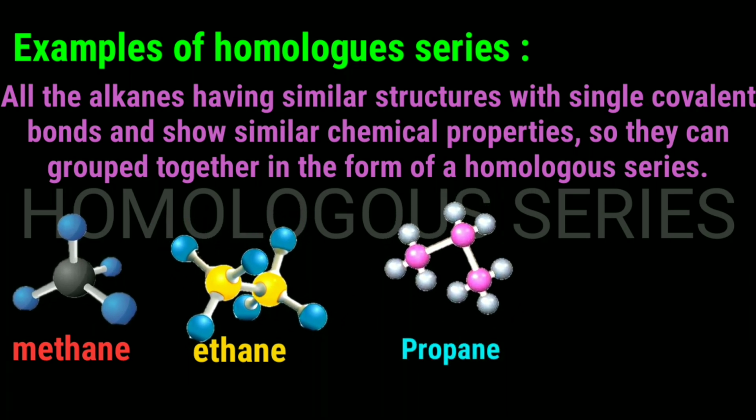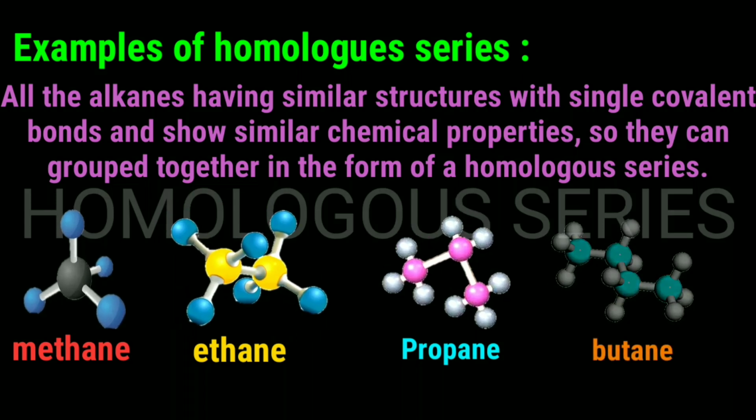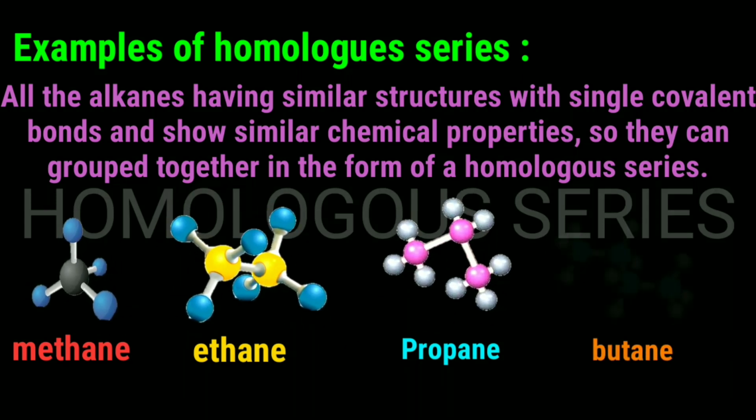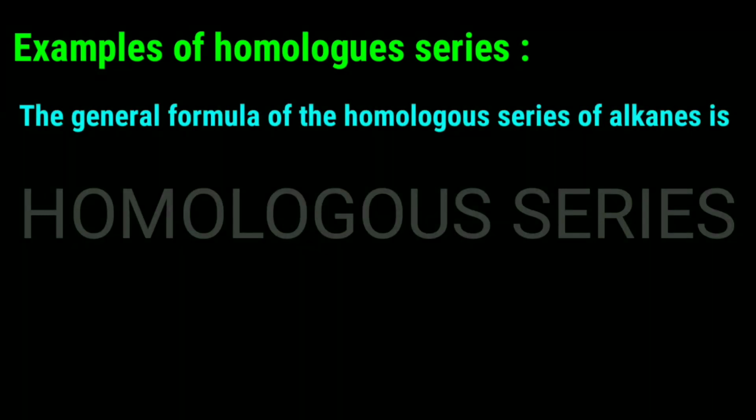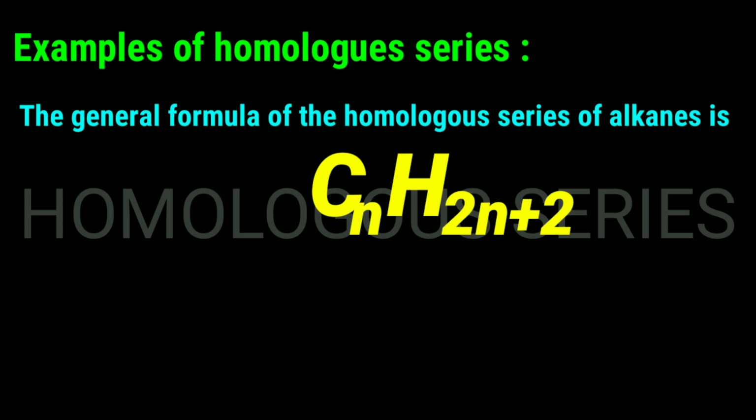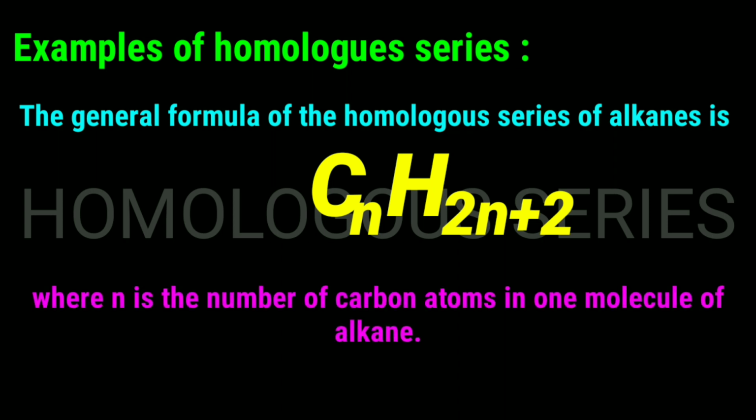So they can be grouped together in the form of a homologous series. The general formula of the homologous series of alkanes is CnH2n plus 2, where n is the number of carbon atoms in one molecule of an alkane.